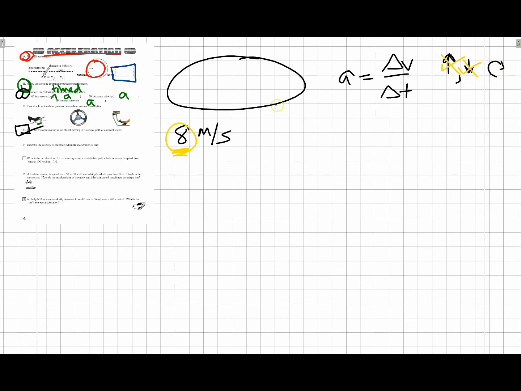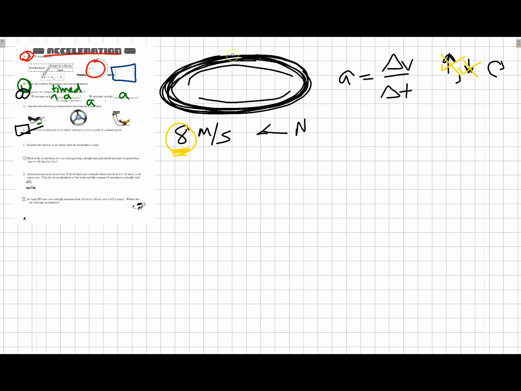Even if it's a constant 8 meters per second, my magnitude isn't changing, but my direction is changing. Maybe north is to the left, and so I'm moving towards north. Now I'm going south. Headed north, now I'm going south.